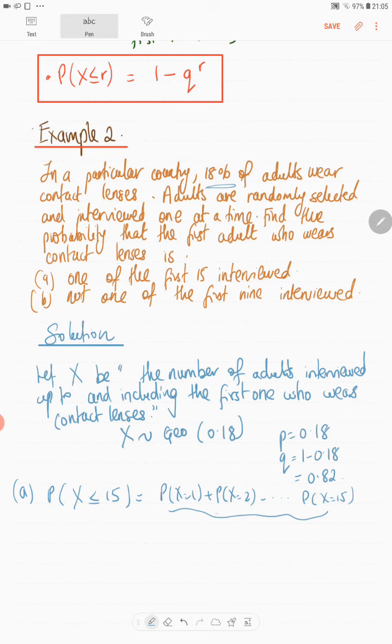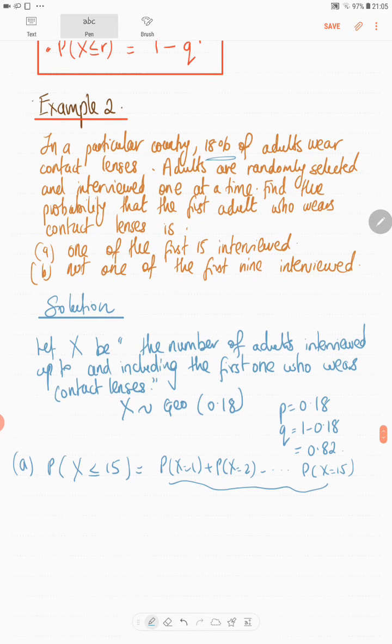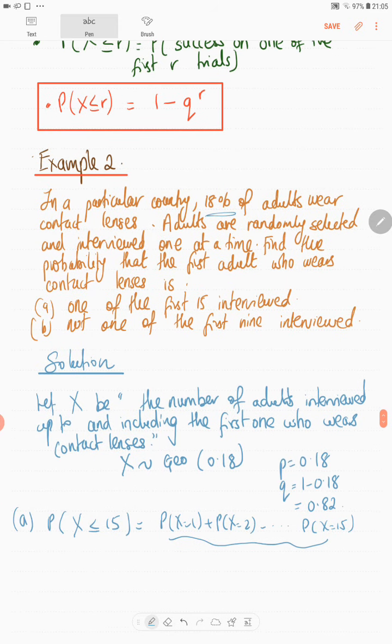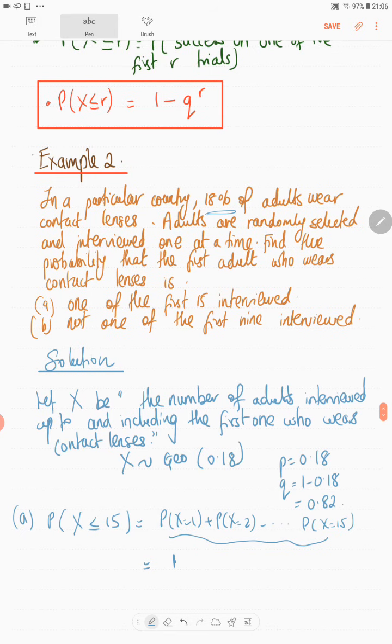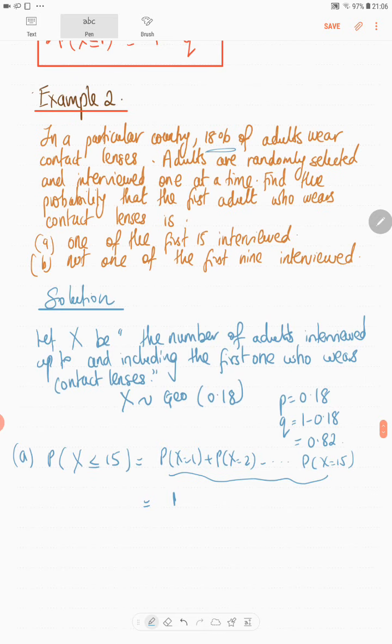So instead of using this method, we can use the formula. If we have probability X less or equal to r, it is 1 minus q power r. So here we have 1 minus 0.82 power r being 15. This is easier, so we obtain 0.949.